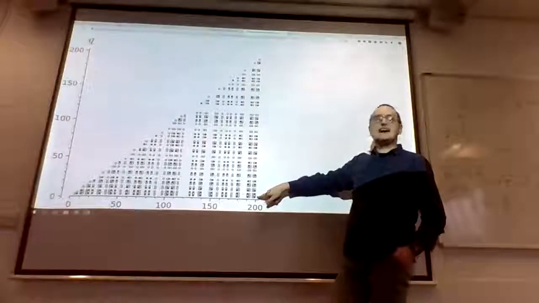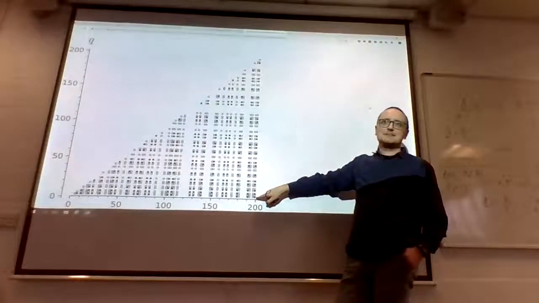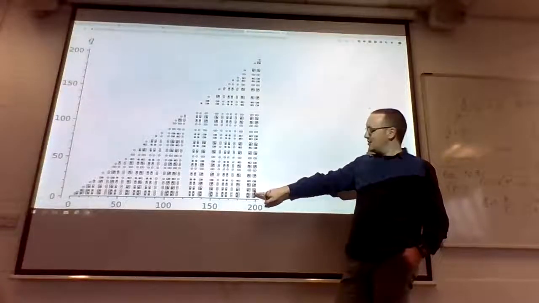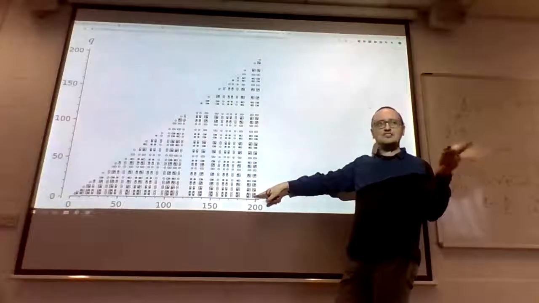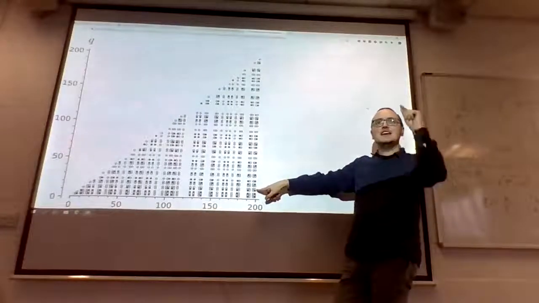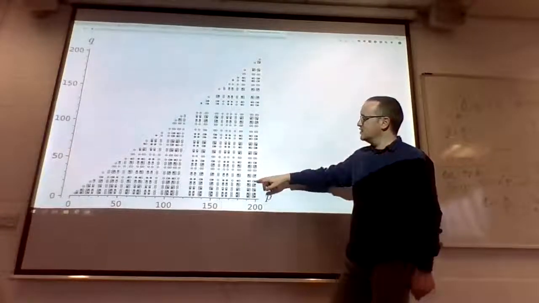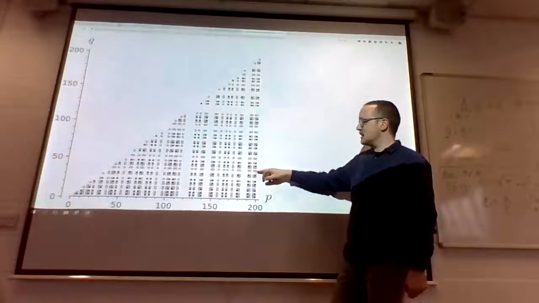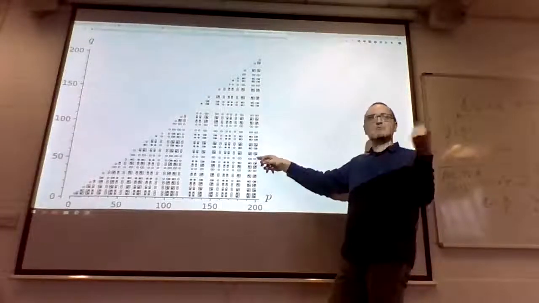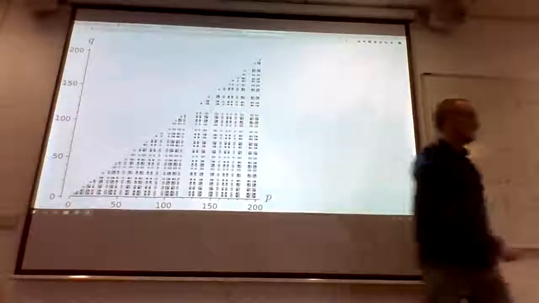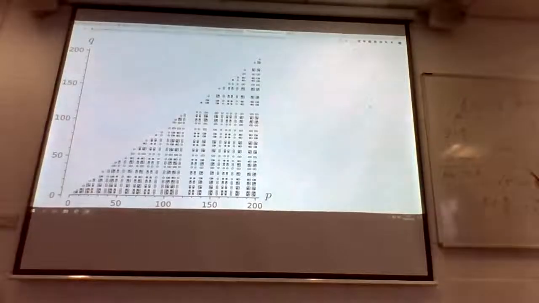But if you sit and stare at this plot, what you notice is that the black and white dots are alternating if you put in an alternating color dot at the non-prime positions. I'll say that again.